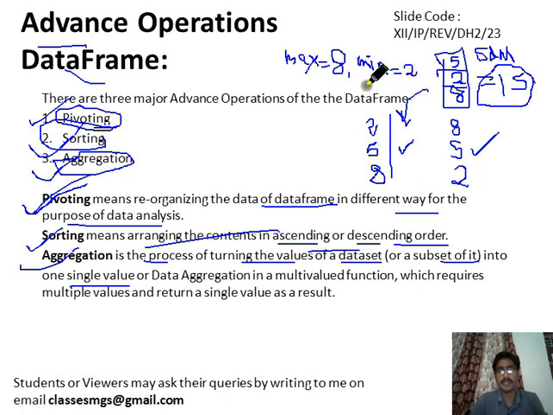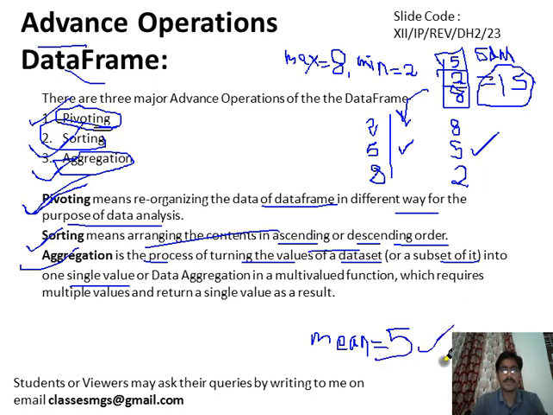This is also an aggregate function. If someone asks what is the mean of this data set, that is 5 plus 2 plus 8, 15, divided by 3, that is 5.